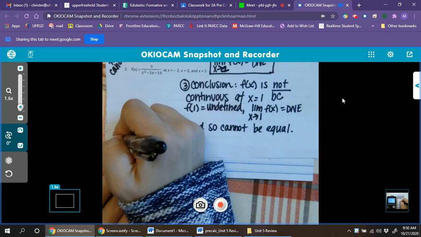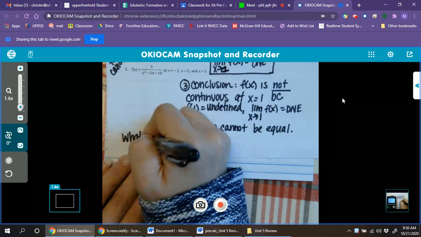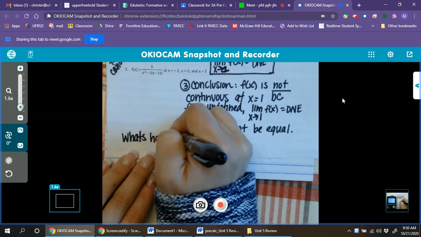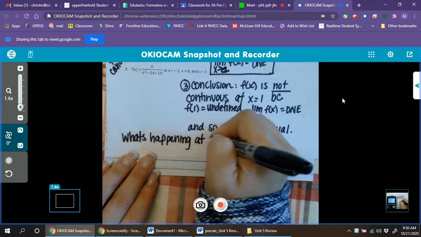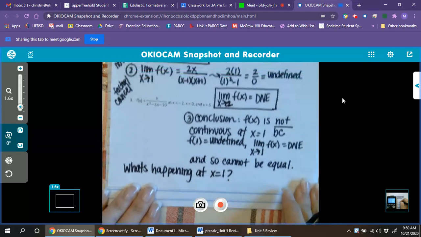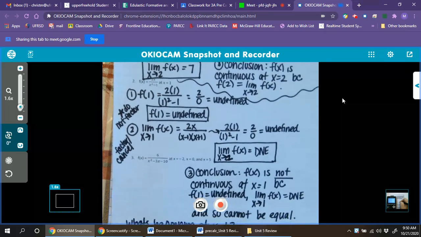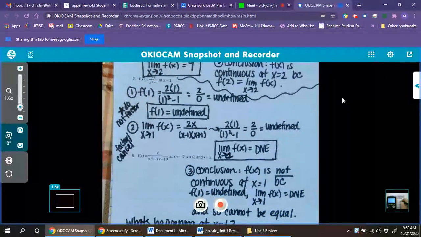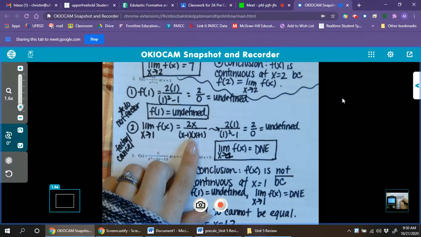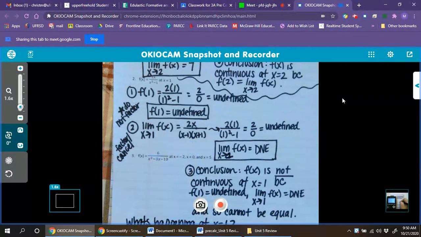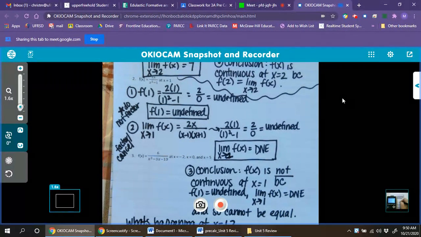So look back to our original function, maybe even the factored form that we had in the limit. What is happening at x equals 1? It's not a hole because we didn't cancel anything.